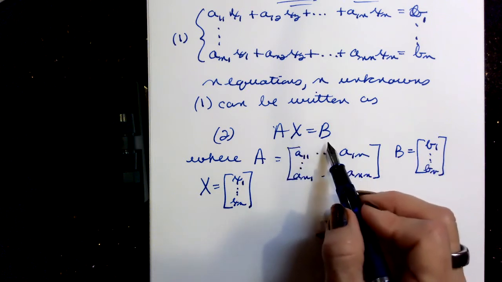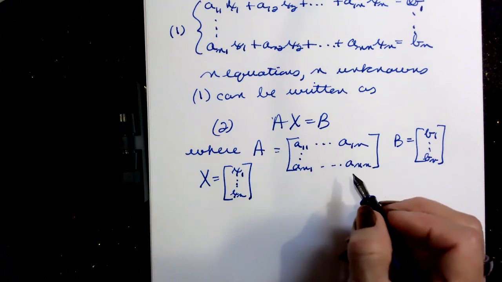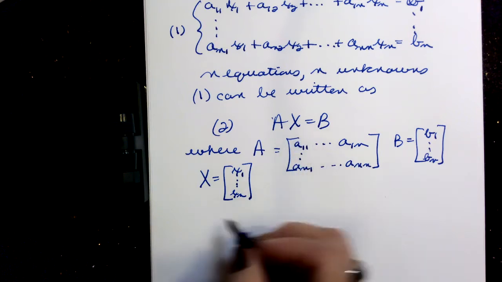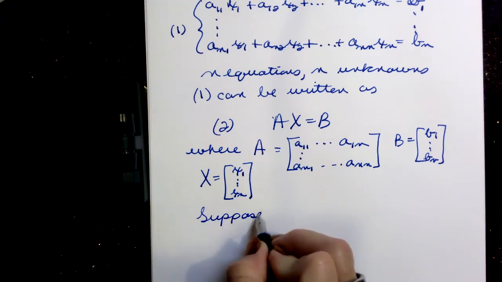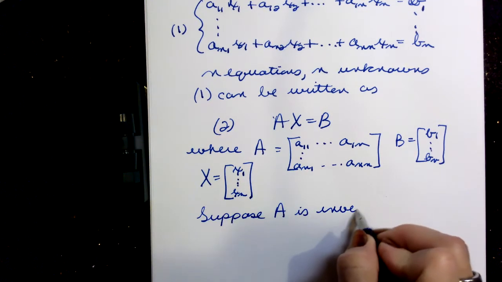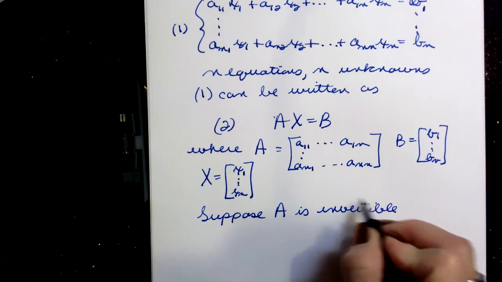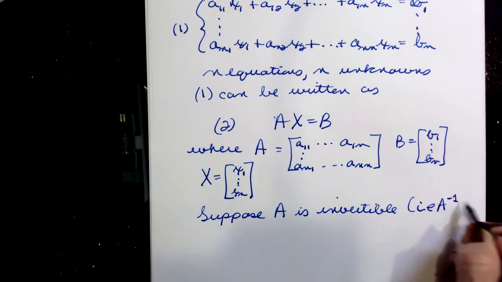Why write it like this? Well, how can we solve it by matrix methods? Well, suppose A is invertible. That means A inverse exists.